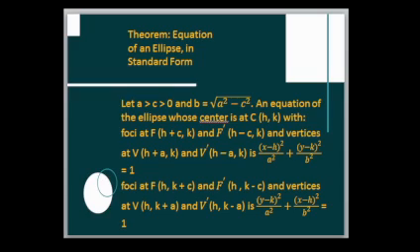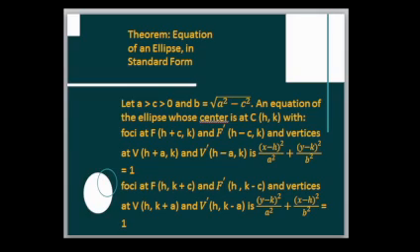So an equation of the ellipse, the center is at (h, k), meaning the center is not at the origin, with foci at the first focus (h plus c, k), the second focus (h minus c, k), and vertices at the first vertex (h plus a, k), and the second vertex (h minus a, k) is (x minus h) squared over a squared plus (y minus k) squared over b squared equals 1.